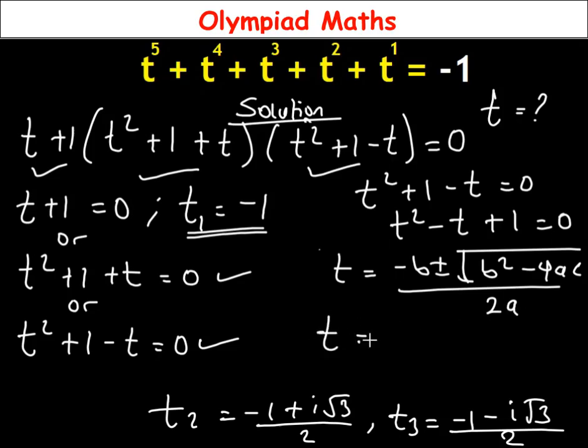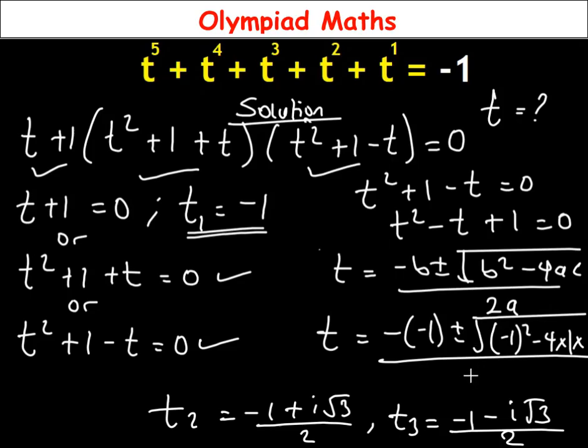So then t is equal to minus b, which is minus 1, so minus 1 plus or minus square root of b is minus 1, so minus 1 all squared, then minus 4 times a is 1 times c is also plus 1, then all over 2a. 2 times a is 1.